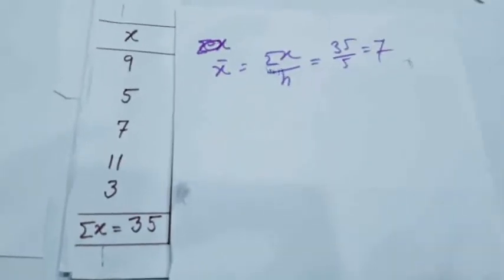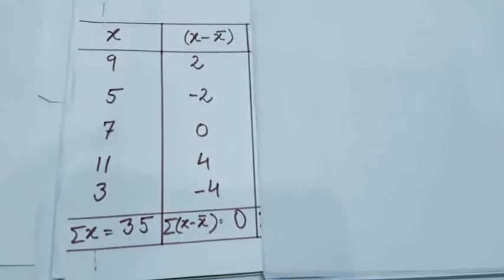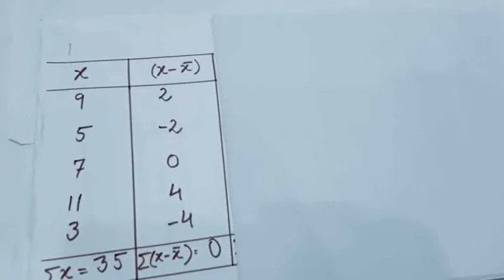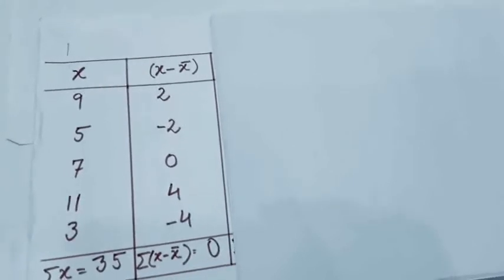So if we subtract the 7 from each and every observation of x, what will we get? 9 minus 7, 2. 5 minus 7, minus 2. 7 minus 7, 0. 11 minus 7, 4. 3 minus 7, minus 4.